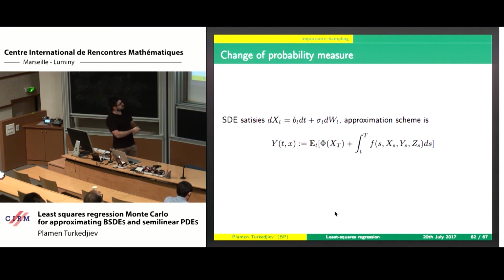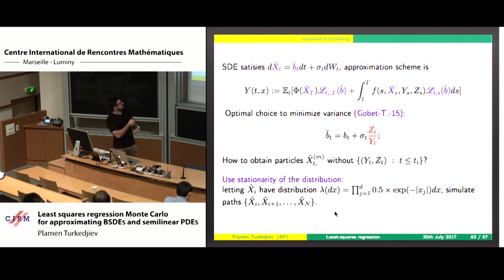Now, if we change the measure to an equivalent measure, we know that this conditional expectation will be the same so long as we change the drift term for the process X and we multiply everything by some weights. The weights are on the next slide.